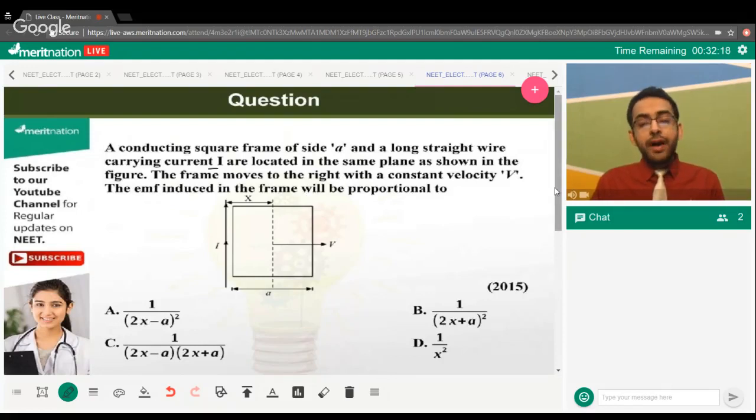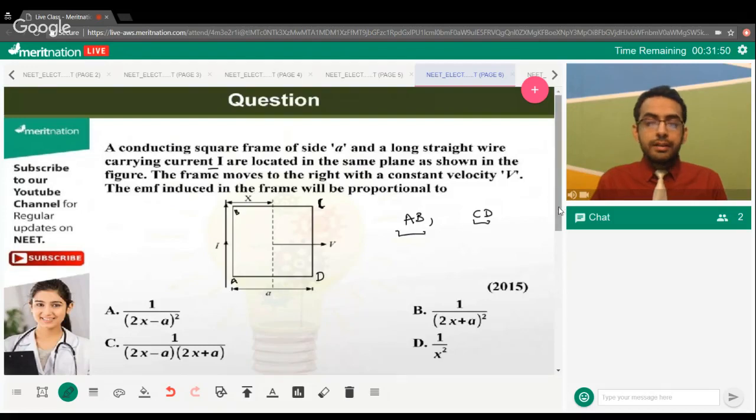So how can we find that? Let us say this vertex is A, this is B, this is C, and this is D. We can find the EMF induced across AB and CD.